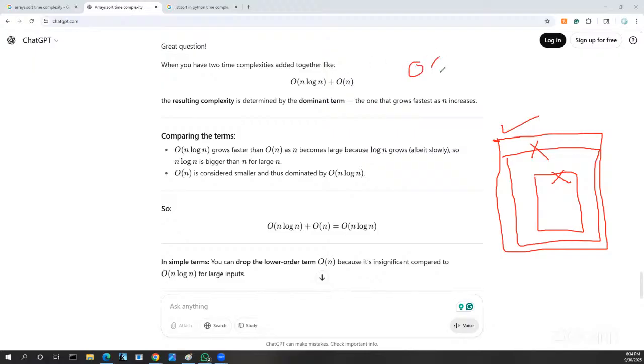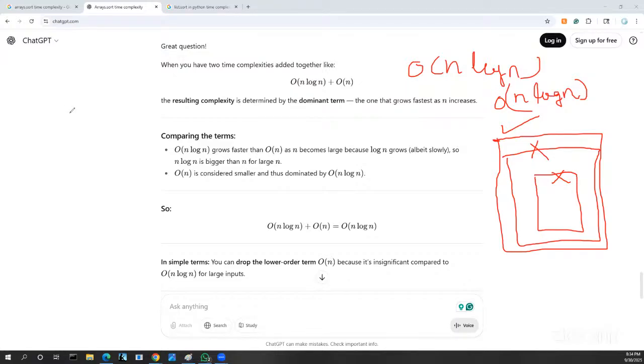In case of O of n log n plus O of n log n, what kind of complexity will we choose? Will that be O of 2n log n? Can anyone clarify that? O n log n plus O n log n will be 2 n log n. Will we disregard the 2?